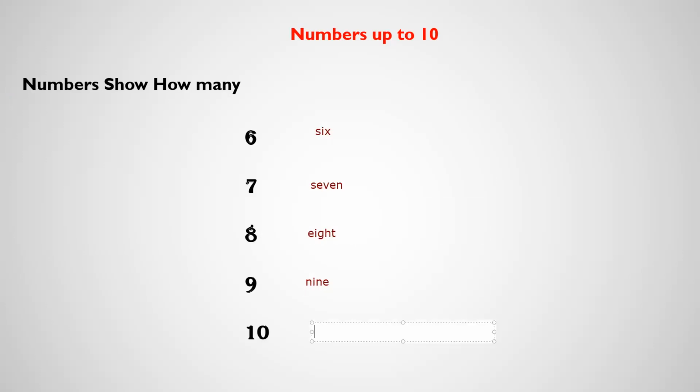And 10 is T-E-N. So these numbers, we can write them by digits, which means by numbers like here, and here it is called by letters, like S-I-X. This is number 6 by letters.